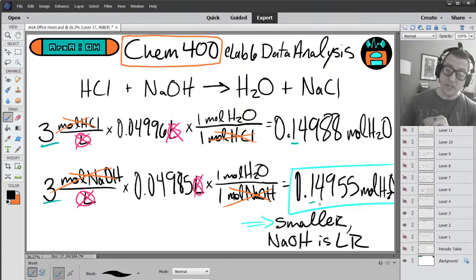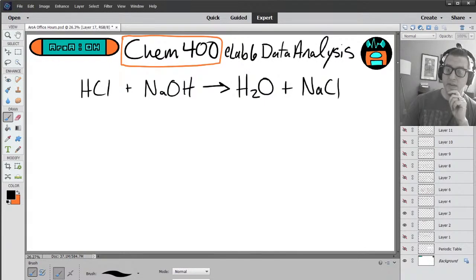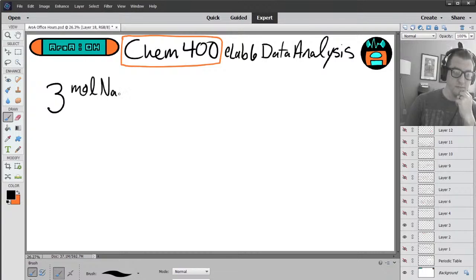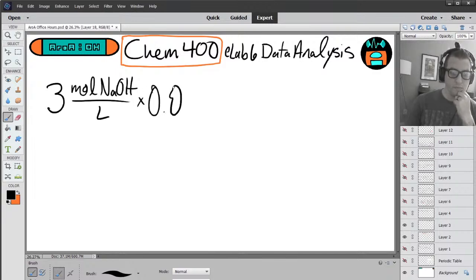All right, now that we know that sodium hydroxide is the limiting reagent, we can calculate how many moles of sodium hydroxide were consumed in this reaction. We can do so by multiplying our molarity of sodium hydroxide by our volume in liters.